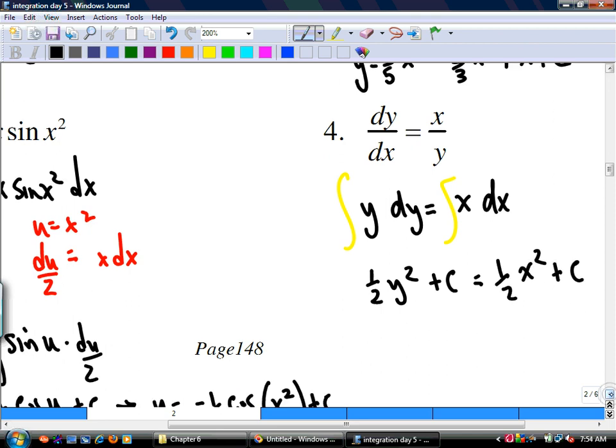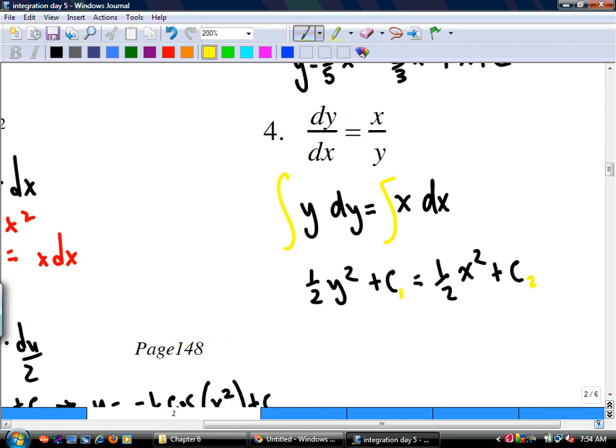Now what blows your mind away is those are two different constants that have two different values, so when they combine together they don't create 0. So you could, if you want to number them, C1 and C2, but I just call them all C, it doesn't really matter.